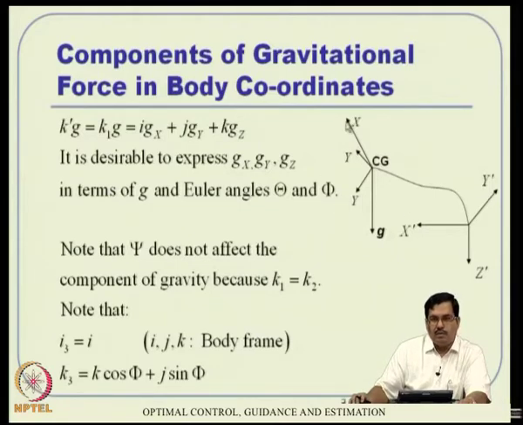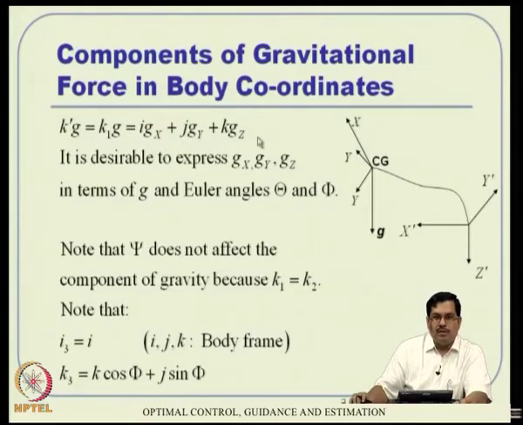However, because this is an orthogonal frame which spans the entire 3D space, I can decompose the gravity vector into x, y, z components, and that is what I am doing. So, k1 times g, I am decomposing in terms of i, j, k.